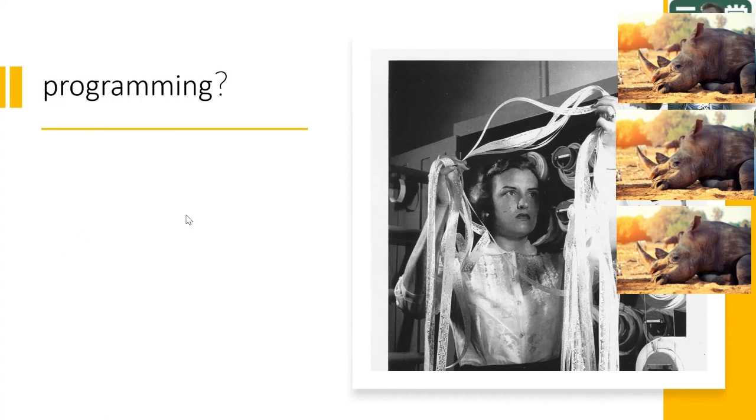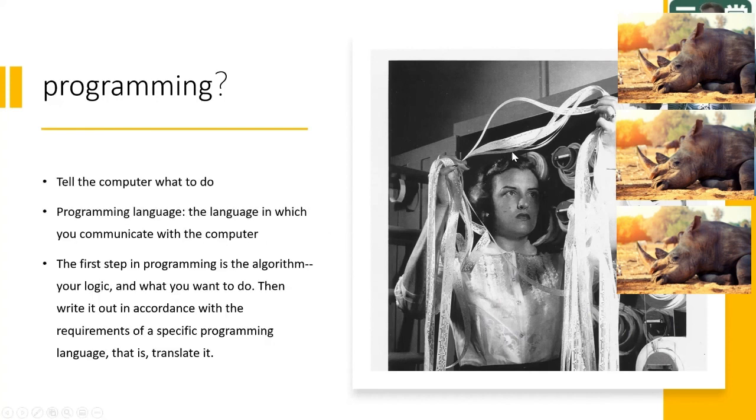But at the beginning, how could we tell the computer what to do? It's like this, okay? There was no keyboard, no mouse. We used this paper, and there are some holes in it. Maybe a hole represents 1, no hole represents 0, right?